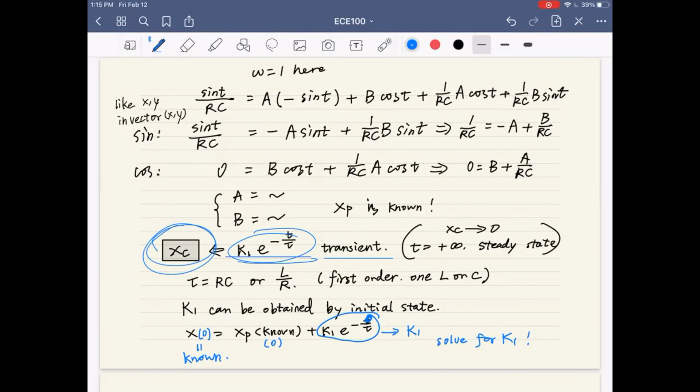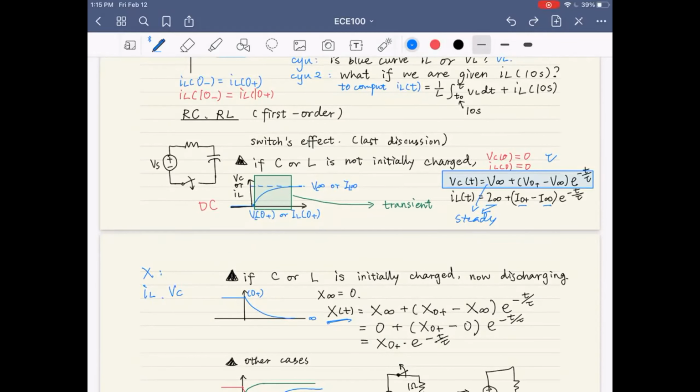Our initial state is here, and our final state is there, and the transient term describes how you reach the final state from the initial state. So this term is important, but it will disappear as time goes on. The first term, the V infinity, is actually the xp.